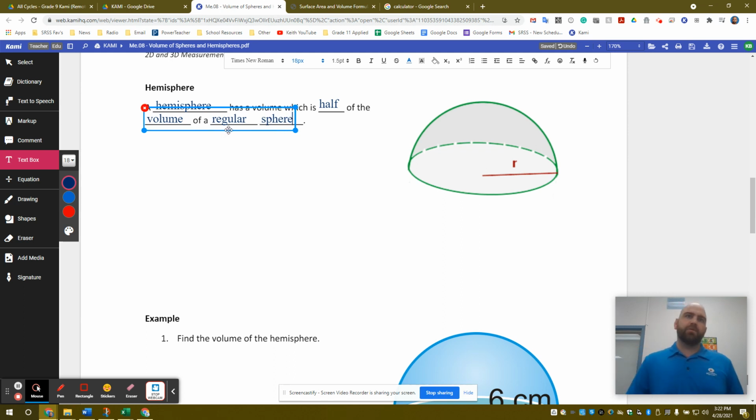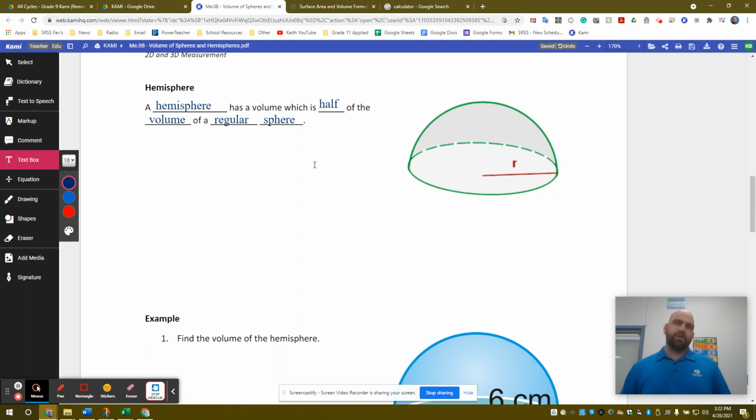Okay, it's half the volume of a regular sphere. So it's going to be just the regular sphere formula, and we're going to divide it by 2. That's it. That is all we're going to do to come up with our formula for a hemisphere.